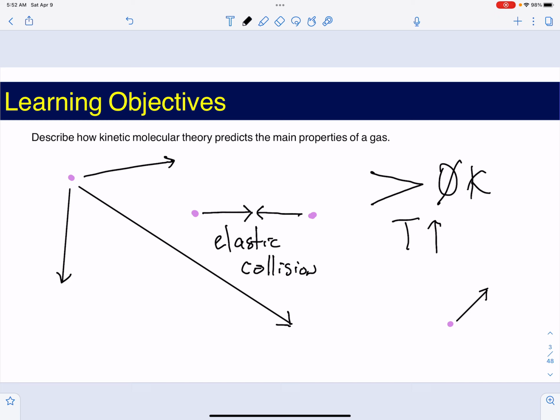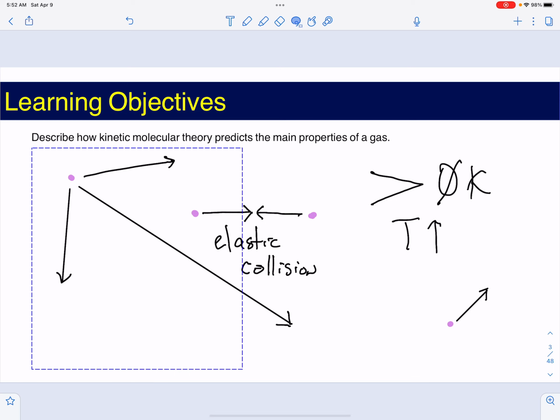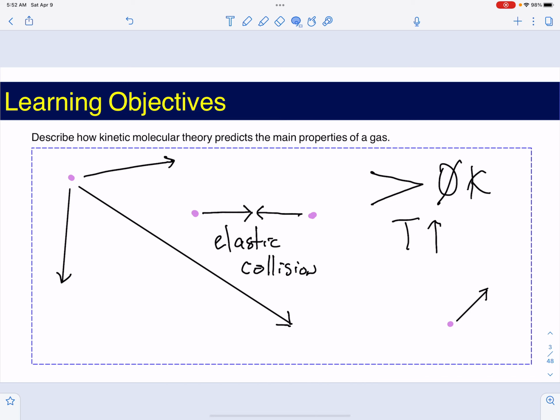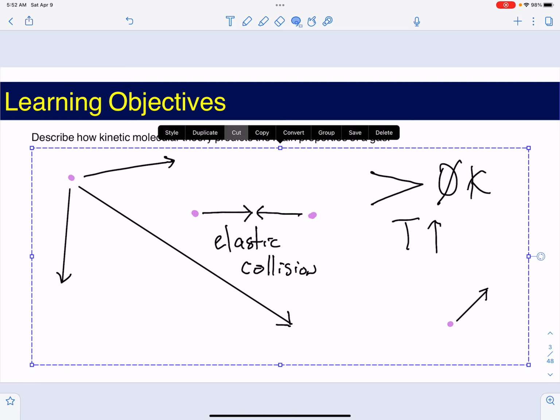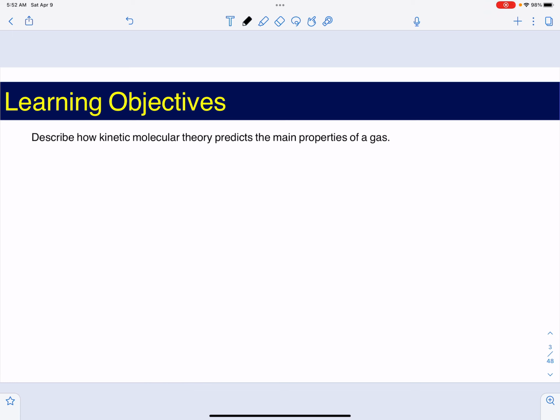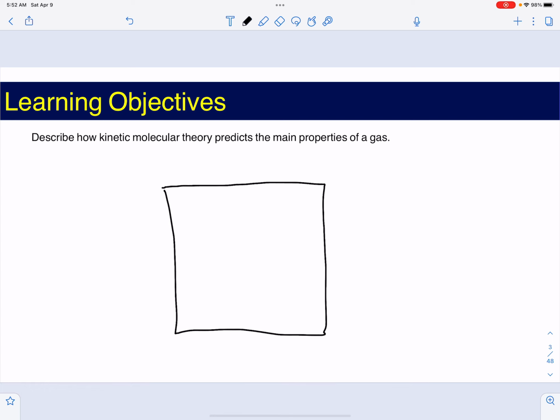In addition to that, we see that as we increase the temperature, the speed of the molecules increases. Because of that, if the particles were inside a container, when they move and happen to collide with the container, that force there, that's what we call pressure.